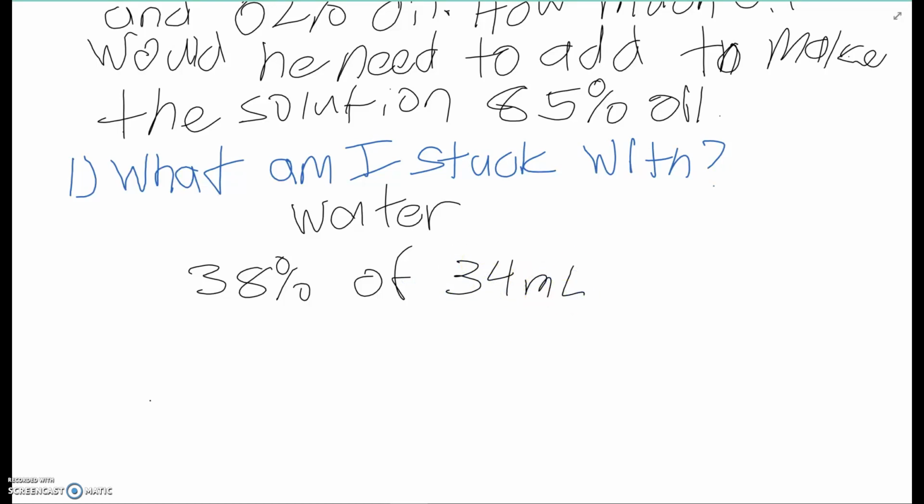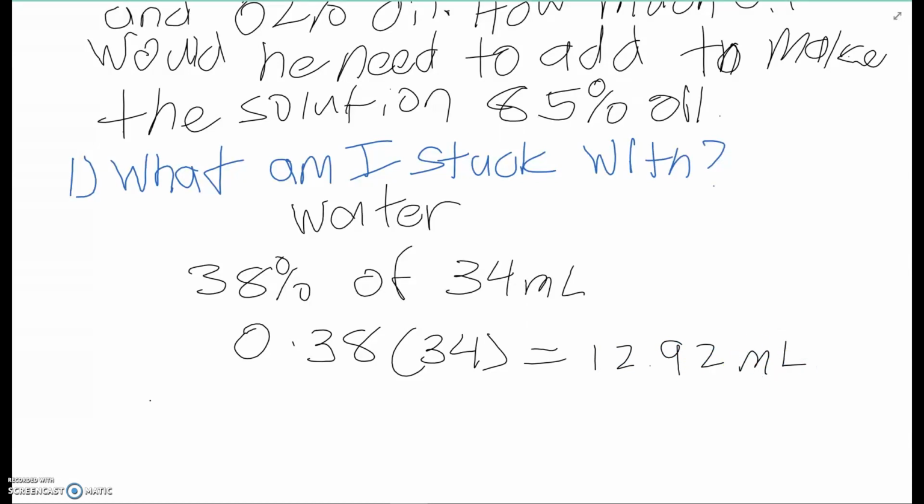Whatever that amount is, that's the amount of water that I have to work with. So we do a little bit of calculation here: 0.38 times 34, and it's equal to, let me get my calculator out, 12.92.